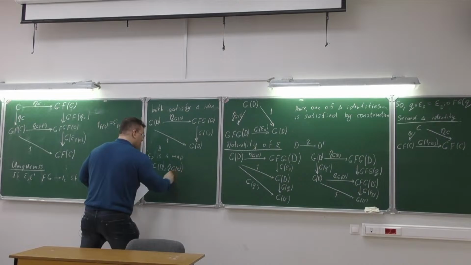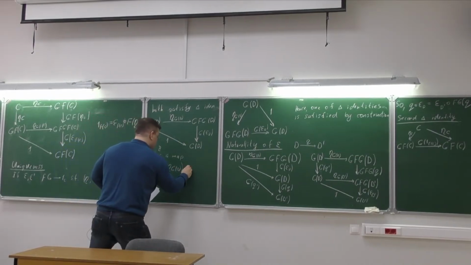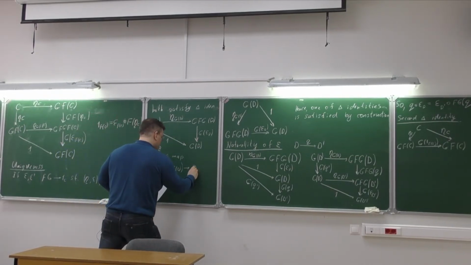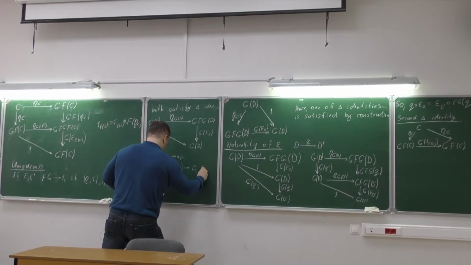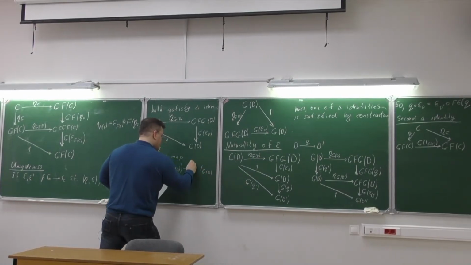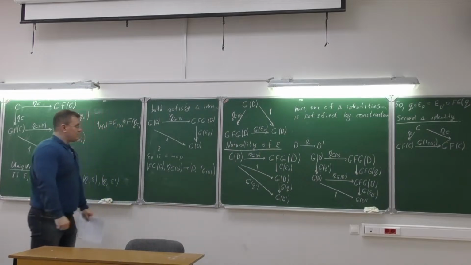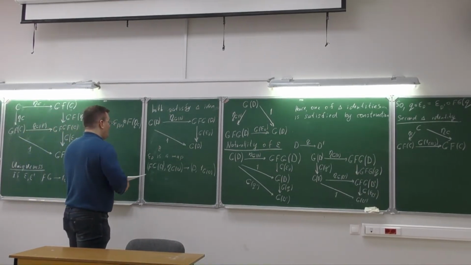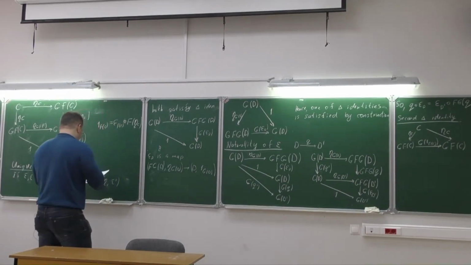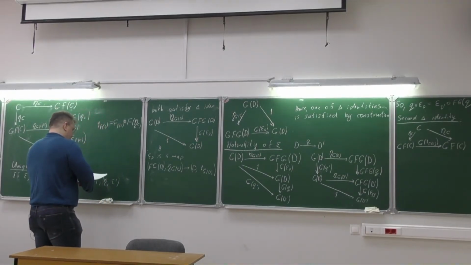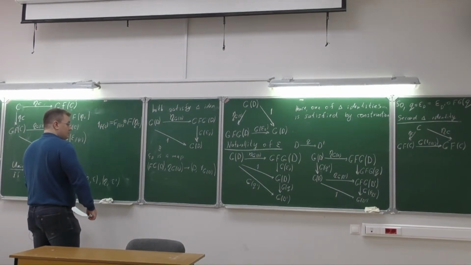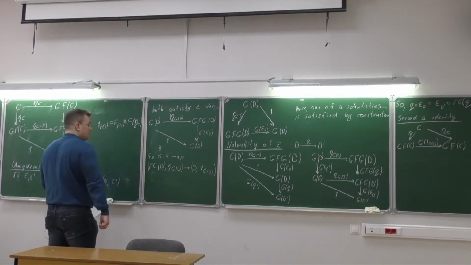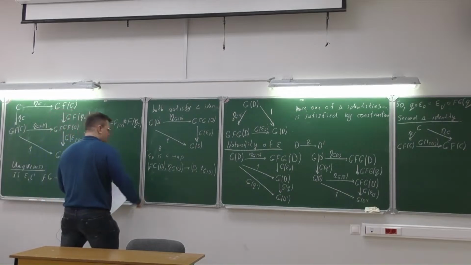So this is one object in the comma category to another object in the comma category, which is d1 sub G of d. Okay, so this is what we get for epsilon sub d.